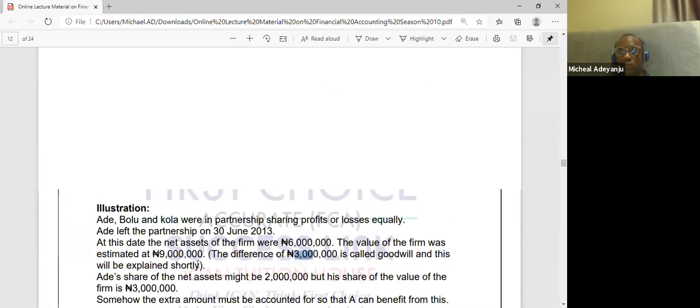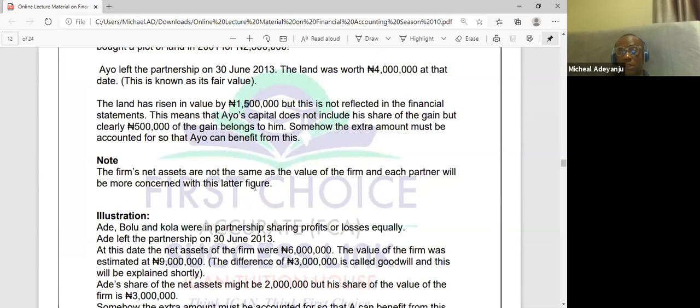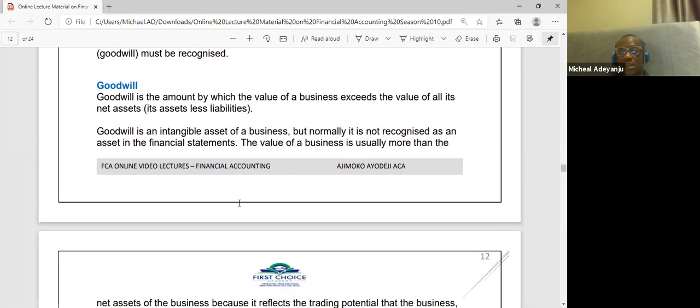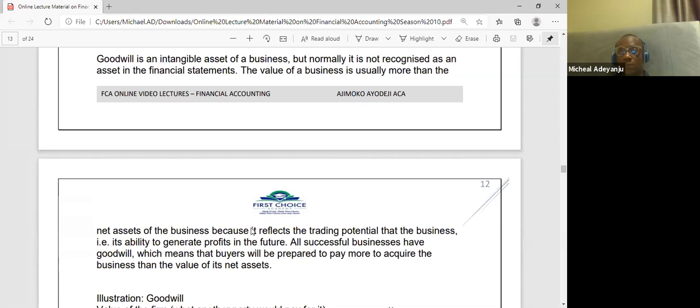So this illustration and the previous illustration are actually not different. Goodwill is an amount by which the value of a business exceeds the value of its net assets. Goodwill is an intangible asset of the business, but normally it is not recognized as an asset in the financial statements.